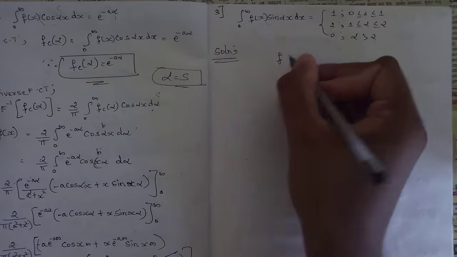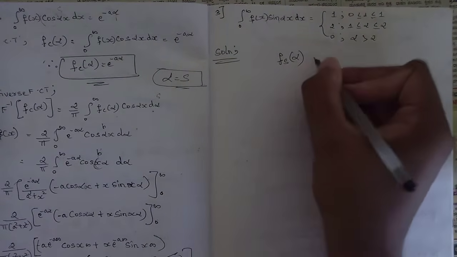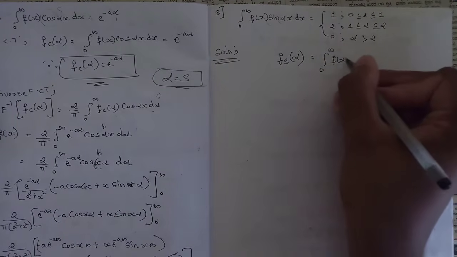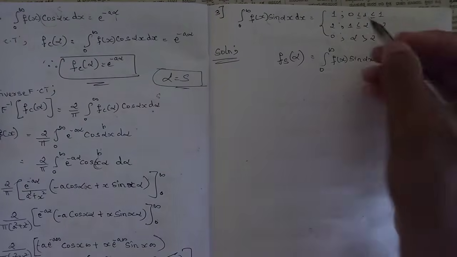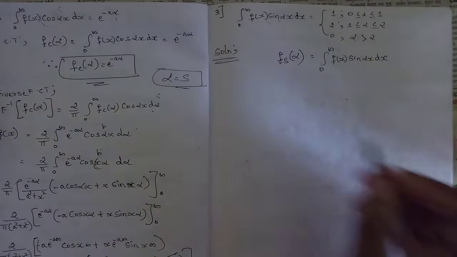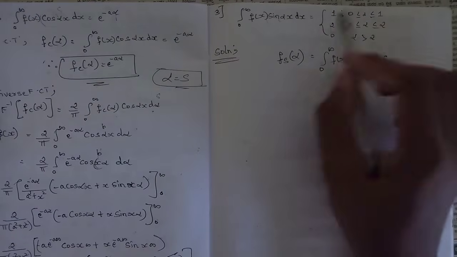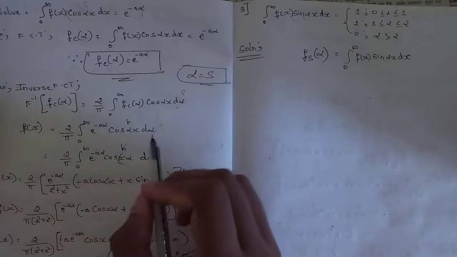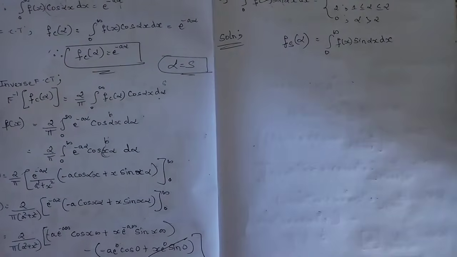It is given as fs of alpha, where the parameter here is alpha, equal to integral from 0 to infinity of f of x sin alpha x dx, and for that we have these three values. Okay, so now for this we are going to use the inverse formula. Whenever we have more than 3 values for this integral, only in that case we are going to use this inverse formula. Okay, so now use the inverse Fourier sine transform formula.